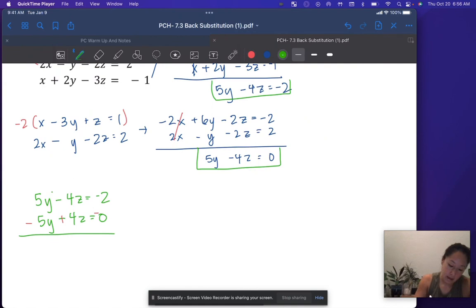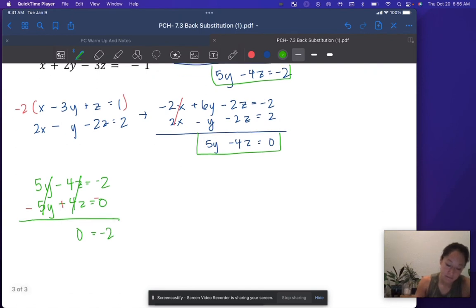When I add, I get 0, 0, and -2. So 0 is equal to -2. Remember, this means that there is no solution because all the variables go away. The statement doesn't make sense. 0 does not equal -2. So this is an inconsistent system, and there is no solution.